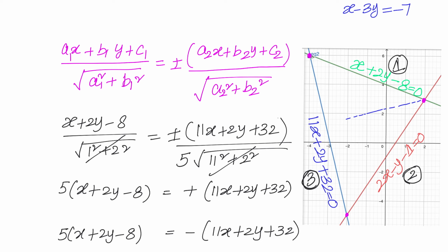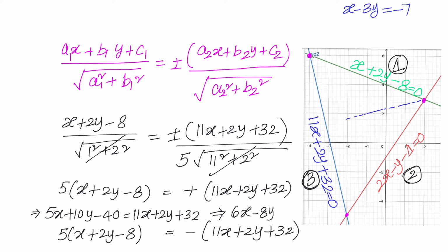We will have 5x plus 10y minus 40 equals 11x plus 2y plus 32. That will give us 6x minus 8y equals minus 72.